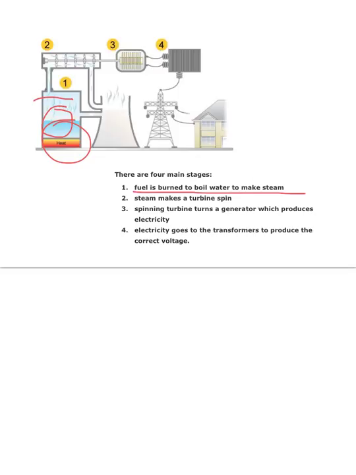The steam then, which is at very high pressure and the particles have a lot of energy, turns the turbines here, okay, which turn a generator to produce electricity. Now that is what we're going to be talking about now, and later on we're going to be looking at the rest of the electricity generation process, which is the transformer.